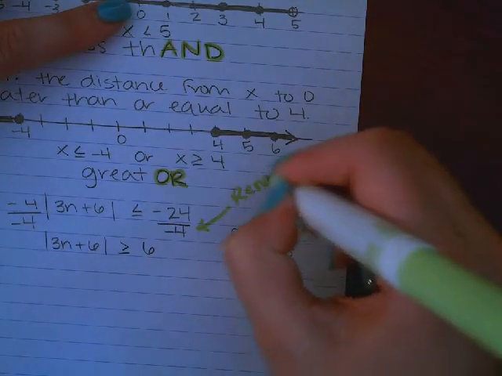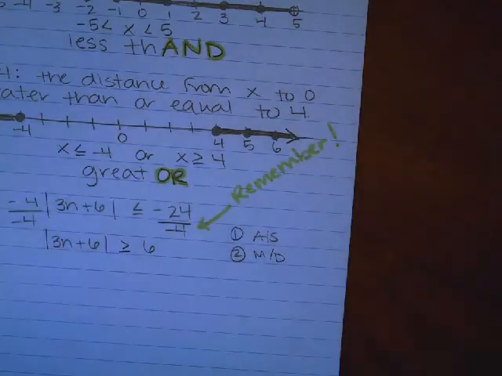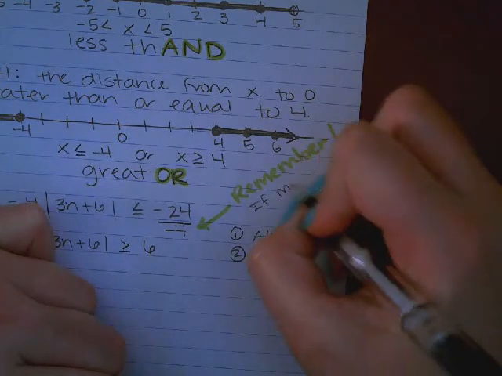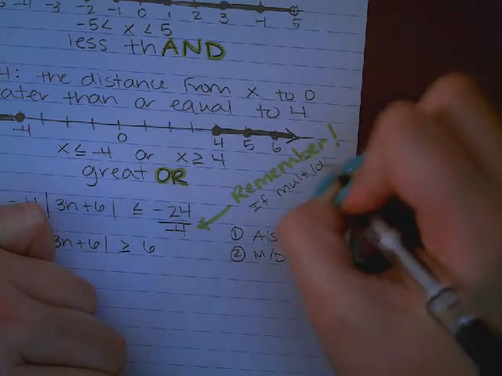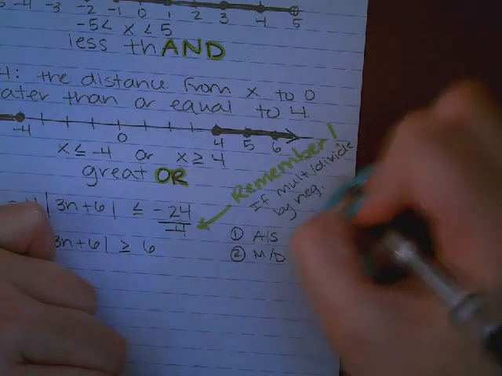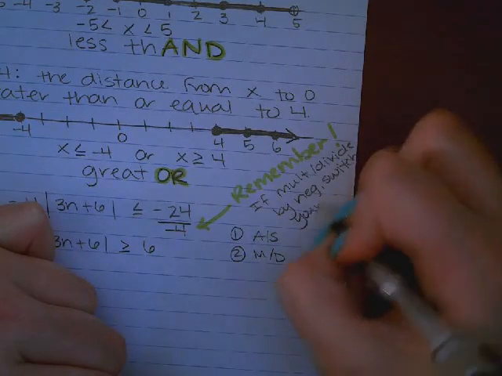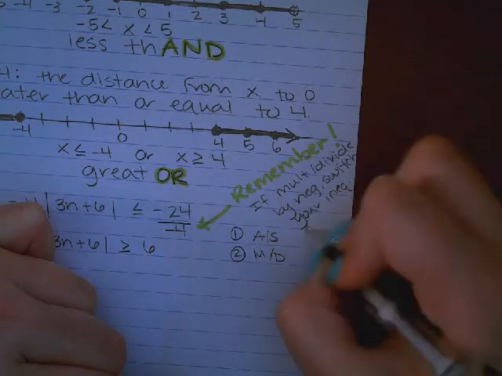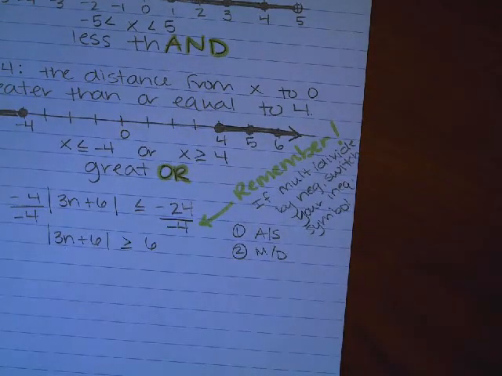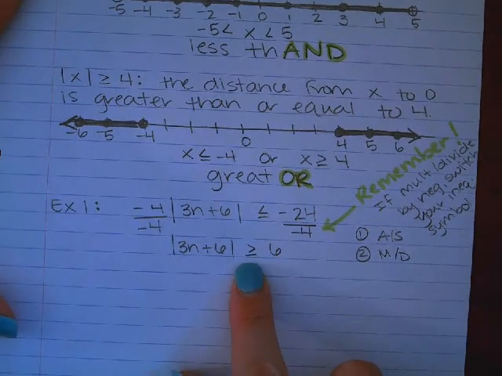Remember, if you multiply or divide by a negative, switch your inequality symbol. So it was less than or equal to, I just switched it to greater than or equal to.